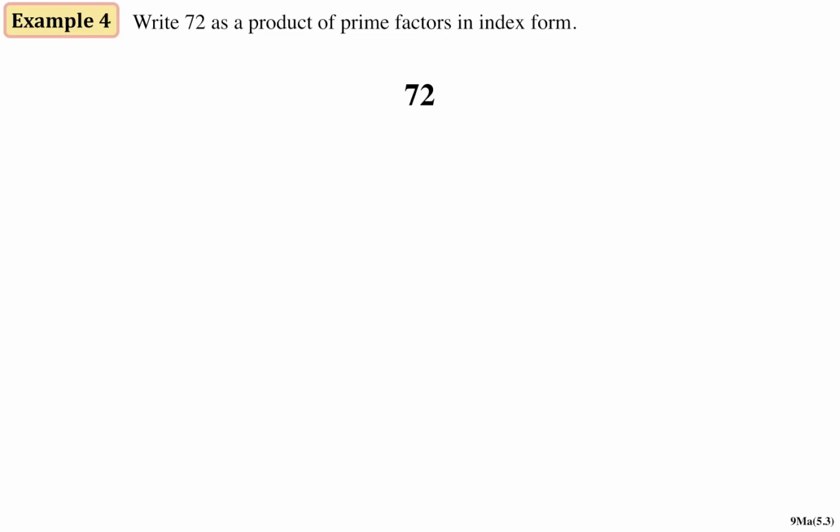Now, writing 72 as a product of prime factors in index form. There's a lot of different ways you can do this, and we're going to use a factor tree. We need to think of two numbers that times to give 72. So I'm going to go for 9 times 8, because 9 times 8 is 72. I could have gone for 36 times 2. I could have gone for any numbers I want. It doesn't matter, as long as they times to give 72.